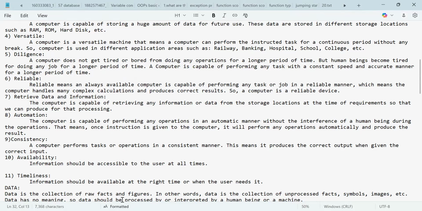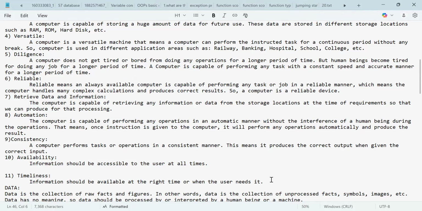After that, availability. Availability means information should be accessible to all users at all times. And timeliness means the information should be available at the right time, when the user needs it.